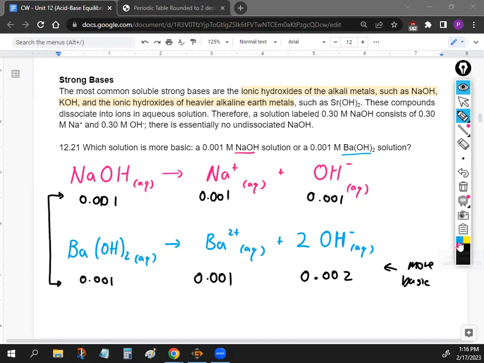If you do the math, the pOH of the first one is 11, but the pOH of the second one is 11.3. So barium hydroxide is more basic, even with the same concentration as NaOH. Just keep that in mind.